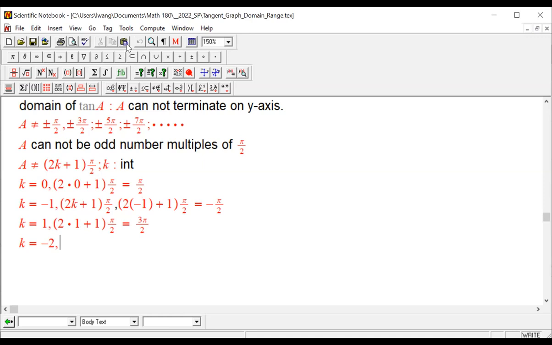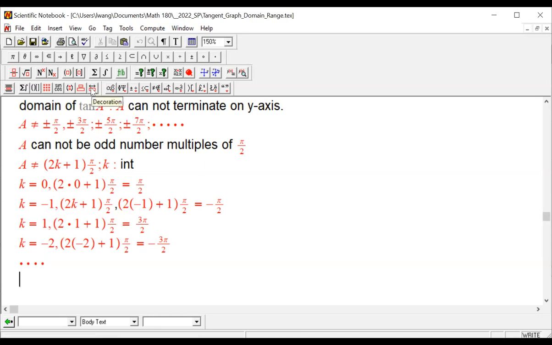If k is replaced by -2, this is going to be -4 plus 1, -3 times pi over 2, which is -3 pi over 2. So now we got positive and -3 pi over 2 covered. If we keep going, this form will cover plus minus 5 pi over 2, plus minus 7 pi over 2. Feel free to try this.